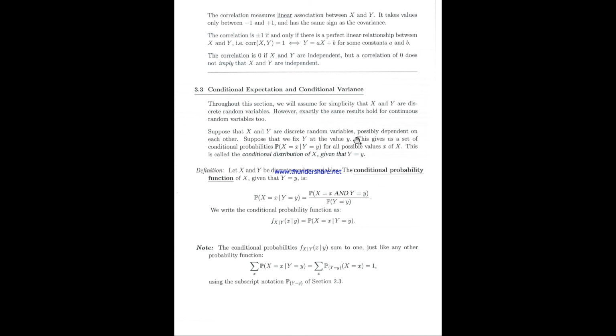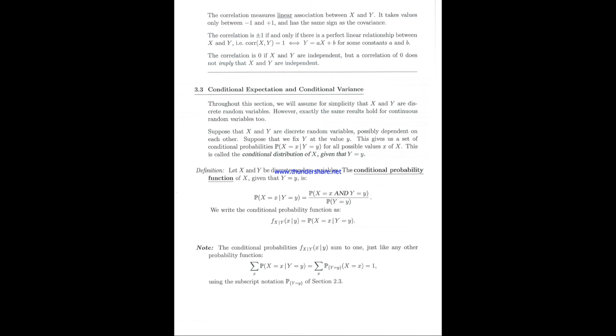Now the value of Y is fixed, so I can observe what will happen to my X values when the value of Y is fixed. That is, I'm going to calculate the probability of each value of random variable X when Y is fixed.